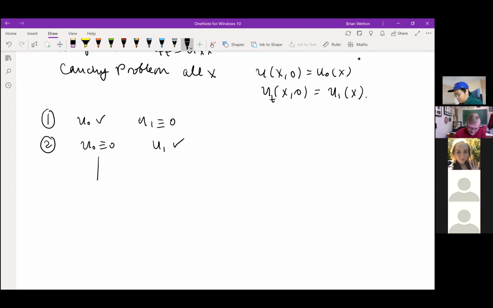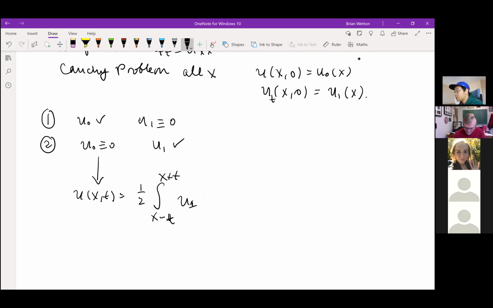Let me just talk about this one, because that's going to be relevant for what we have coming up. We have the solution to this one. We get u of x and t is 1/2 the integral from x minus t to x plus t of U1, and now I need a dummy variable, and I didn't want to use s, so I didn't know what to put here.